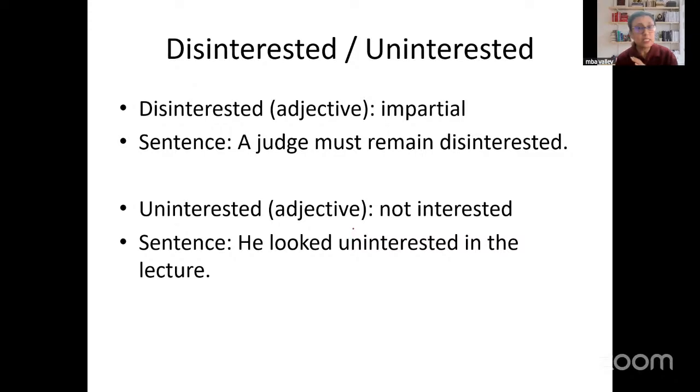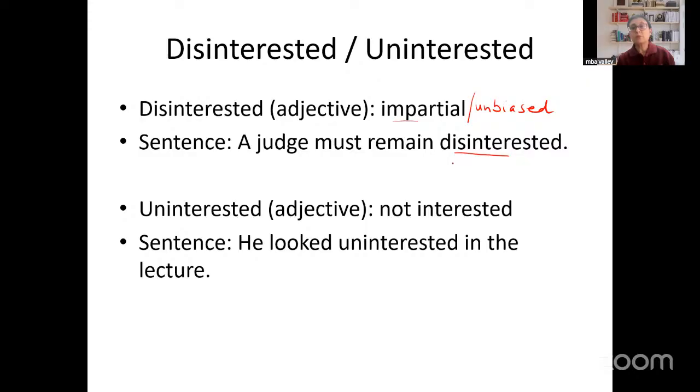But no, these are not the meanings. The word disinterested means impartial. It means unbiased. A judge must remain disinterested. Disinterested means unbiased, impartial, neutral.